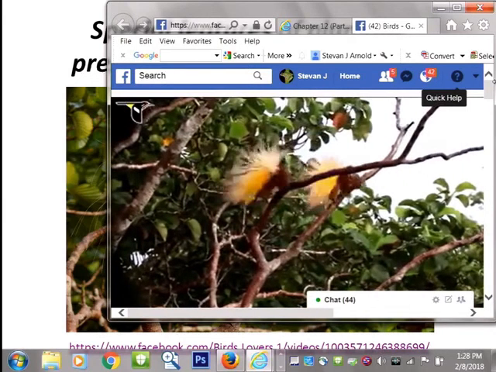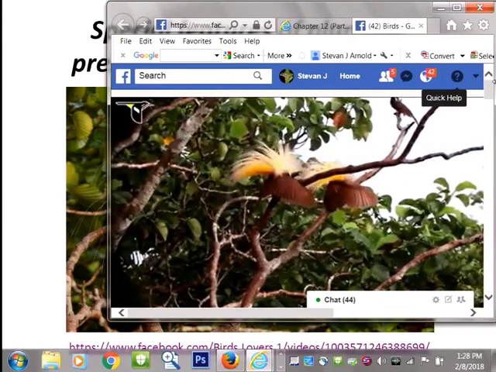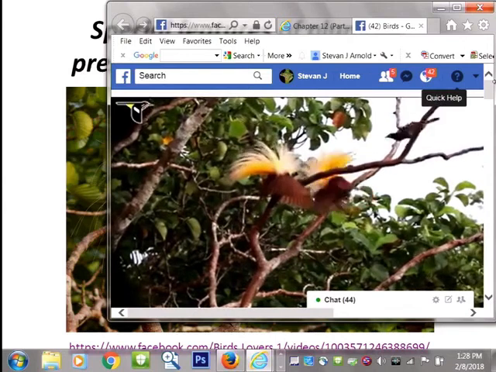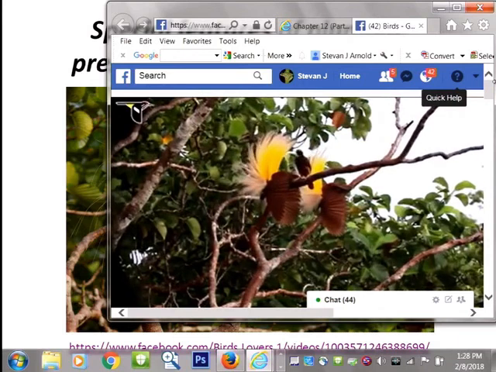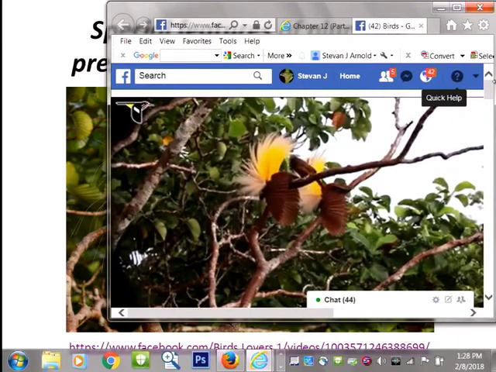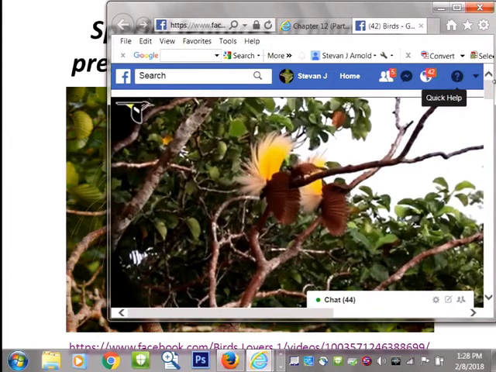They look like they're cooperating, and they are displaying in a synchronous way, but really they're in competition. Both want to be the one that mates. And then eventually, after several rounds of that, they'll turn head down, holding themselves still so the females can see their vibrant yellow on the underside of their flank plumes.